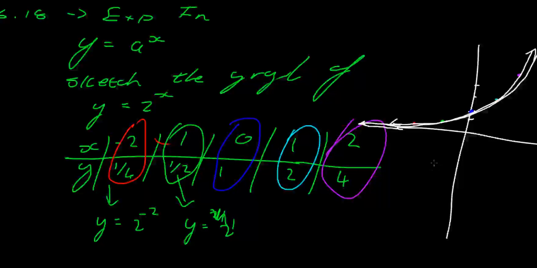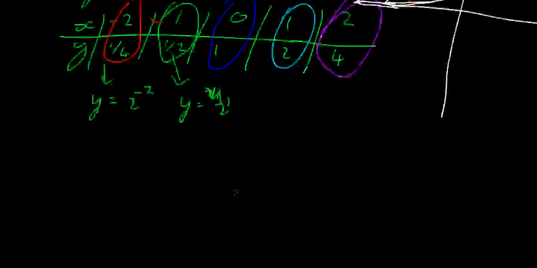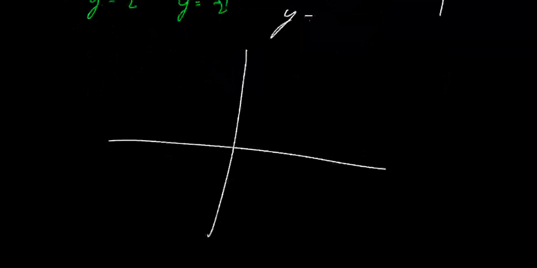Okay, so that's basically all your book covers about this. I just want to point out, you've got two kinds of exponentials. So the form is y equals a to the x.